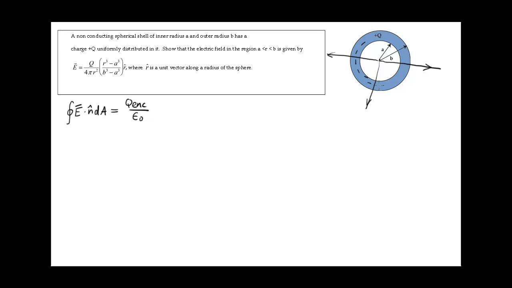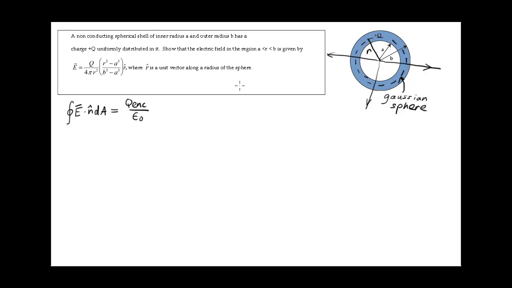And so I will draw a dotted line here to indicate the cross-section of the sphere whose radius is between A and B. So we will call that little r, that's the radial distance from the center to the surface of our Gaussian sphere. And if we're able to simplify the equation of Gauss's law, then we should be able to find the electric field on the surface of this sphere.